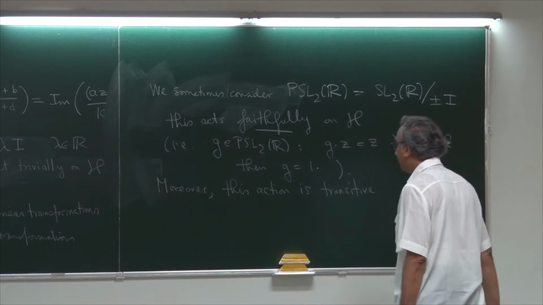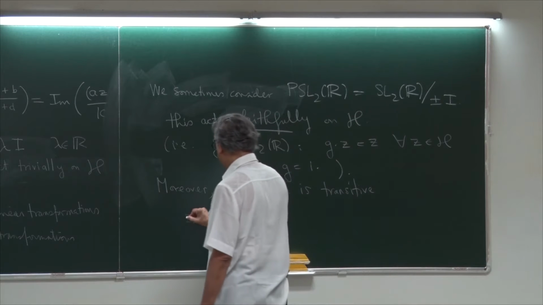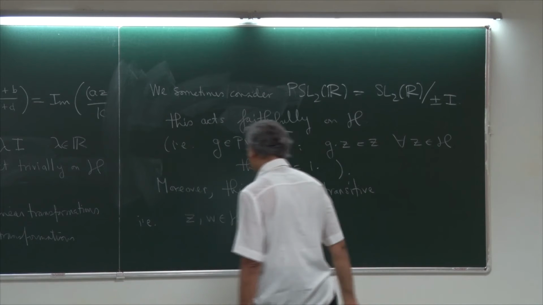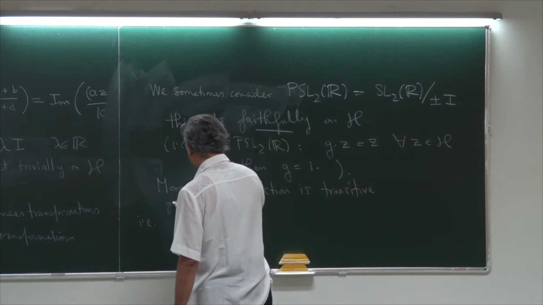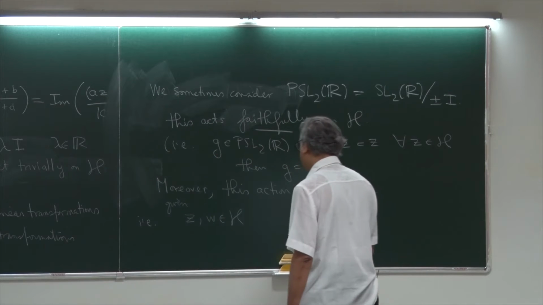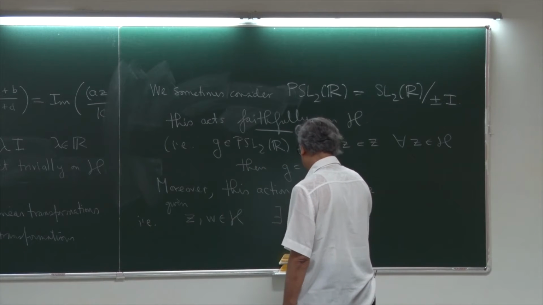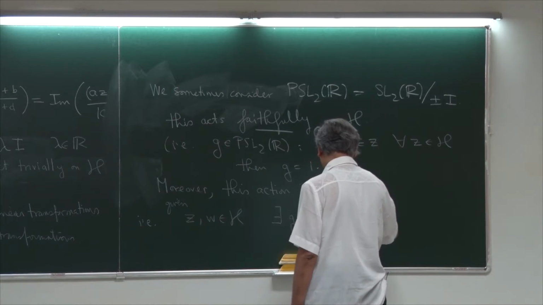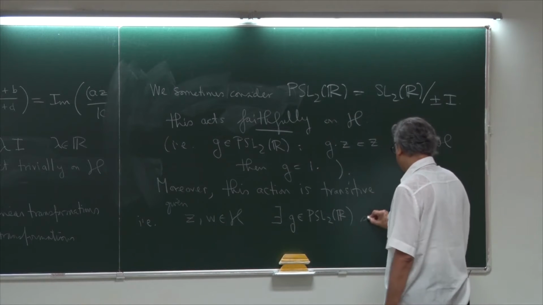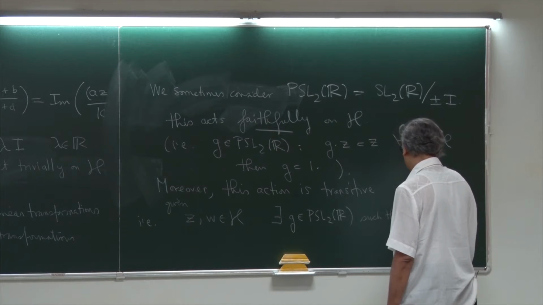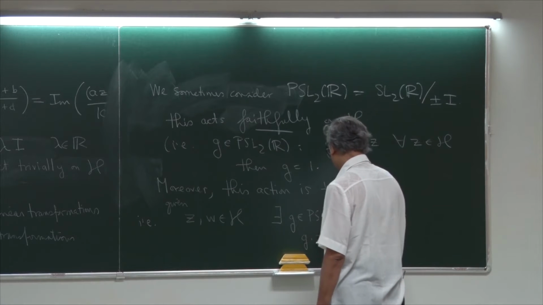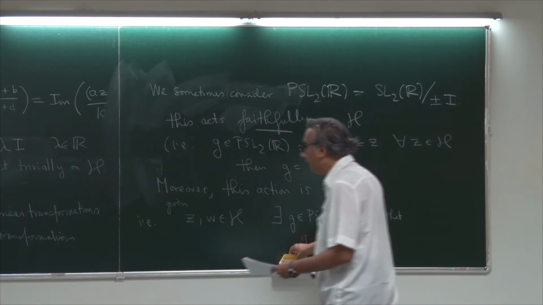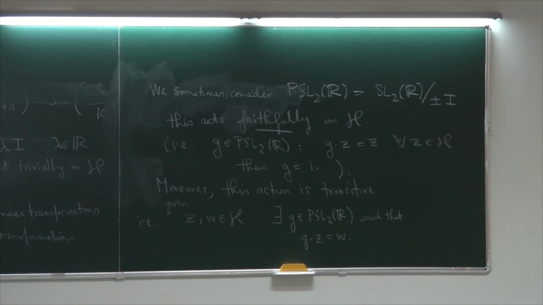That is, if given Z and W in the upper half plane, there exists a group element G in PSL2R such that G takes Z to W. And to see that, maybe it's not a bad idea to do this.